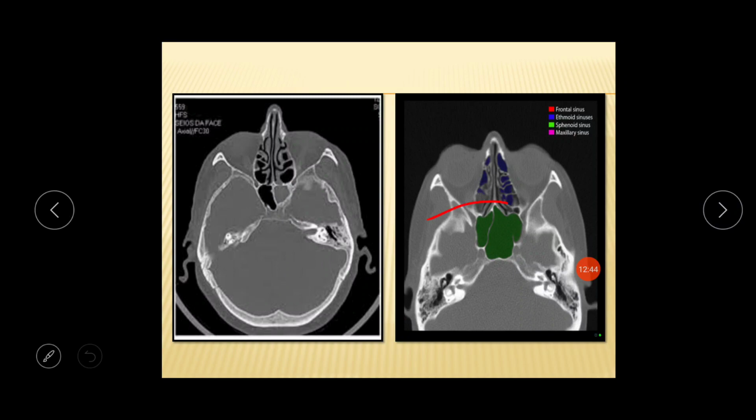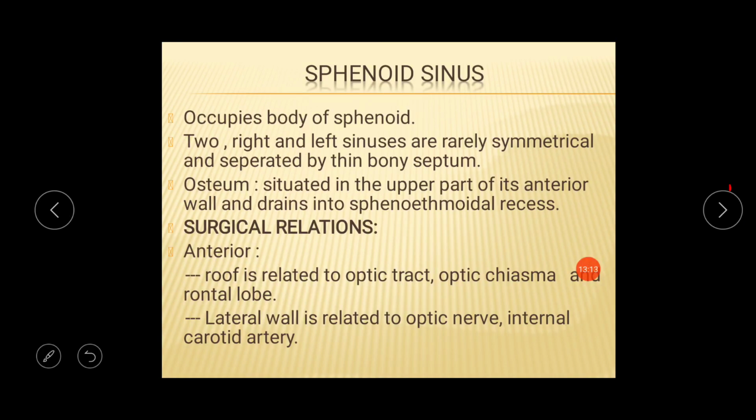Here, over the anterior part of the sphenoid sinus, the optic tract will go from here, and they will come to the optic chiasma here. So here you can see the optic pathway in close relation to the sphenoid sinus. Any disease which affects the sphenoid sinus can affect this optic tract and can affect orbital movement by involvement of different nerves. We will see this in later slides.